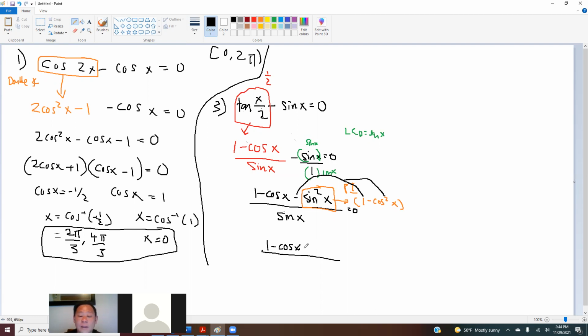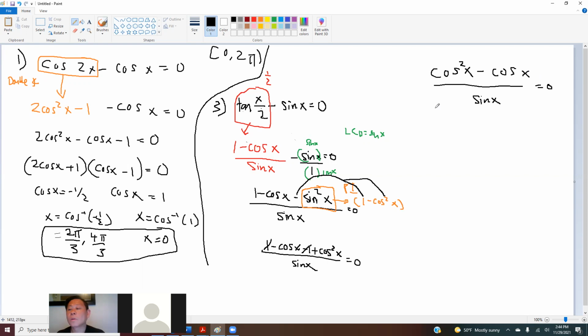So when you distribute the negative, this becomes minus 1, and this will become positive cosine square x, and we still have sine x. So what you notice here is your 1 and 1 will cancel out. So what I have left here is cosine square x minus cosine x over sine x, and this is equal to 0.